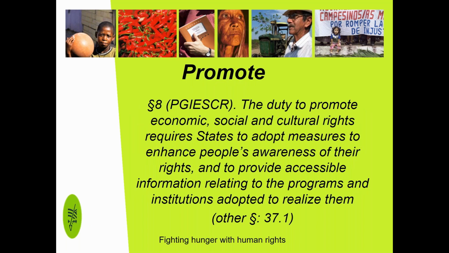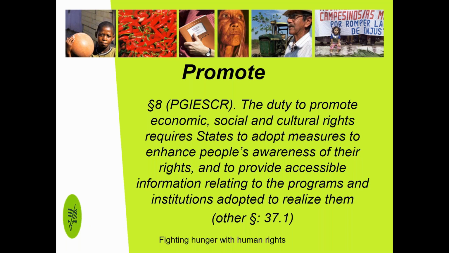And the obligation to promote: paragraph 8 stipulates that the duty to promote economic, social, and cultural rights requires the state to adopt measures to enhance people's awareness of their rights and to provide accessible information relating to the programs and institutions adopted to realize them.